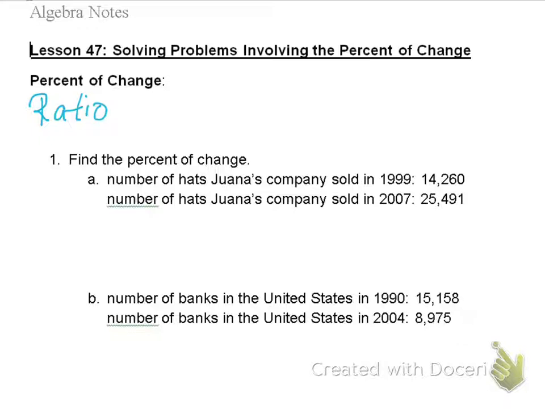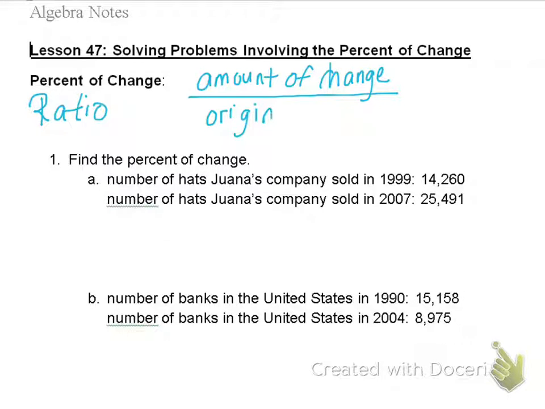So this fraction is always going to be the amount of change, whether it's an increase or a decrease, over the original amount. And when you put those two amounts in there, you would then divide them and you would come up with a decimal.